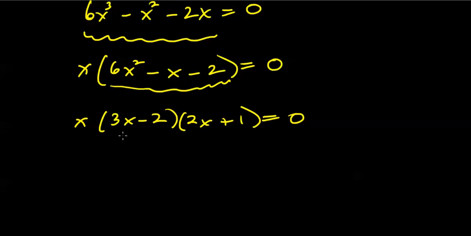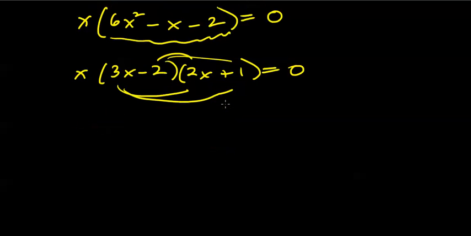Let me check it quickly. 6x squared is the first product, 3x is the outer product, minus 4x is the inner product, and those indeed add up to a minus x, and the last product is minus 2.